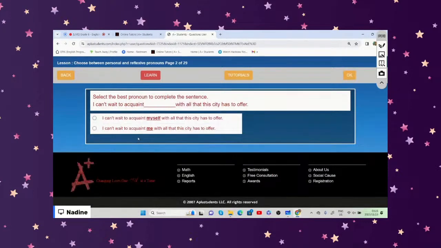"I can't wait to acquaint myself with all that the city has to offer," or "I can't wait to acquaint me with all that the city has to offer."